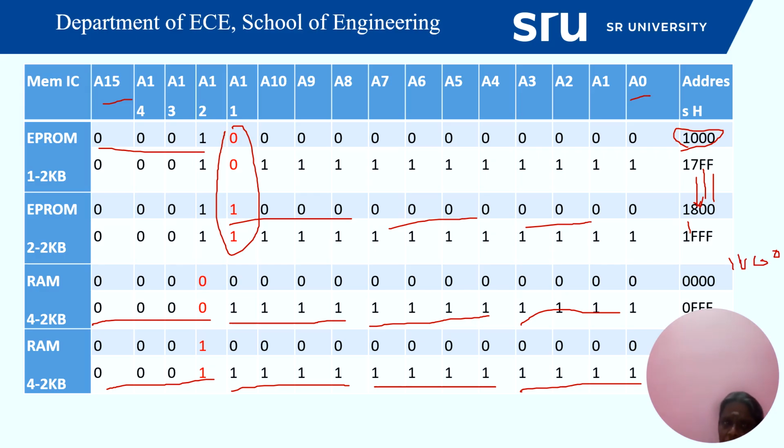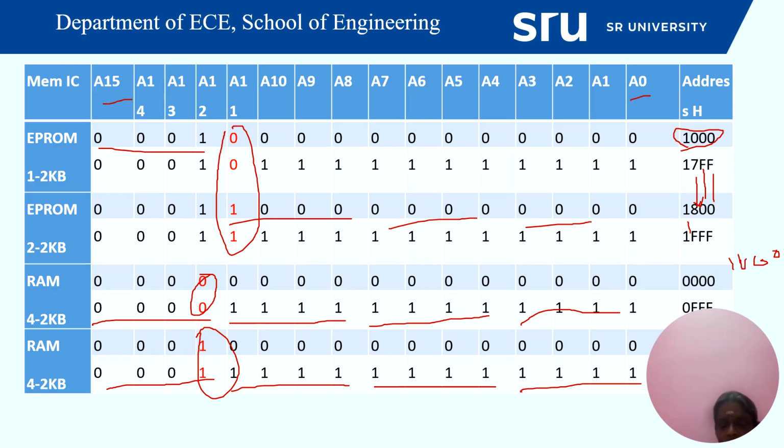In the same way, for RAM, 12 lines will be needed, so 0 to 11. These are all 0, not used. If you take this 0, the select is 0 for RAM 1, and the select is 1 for RAM 2.